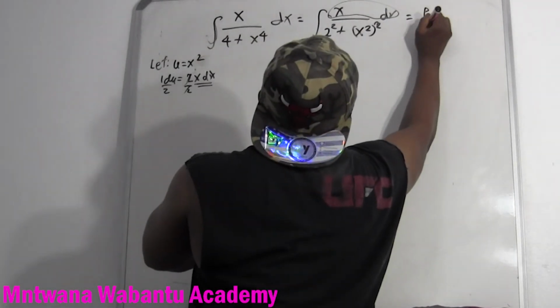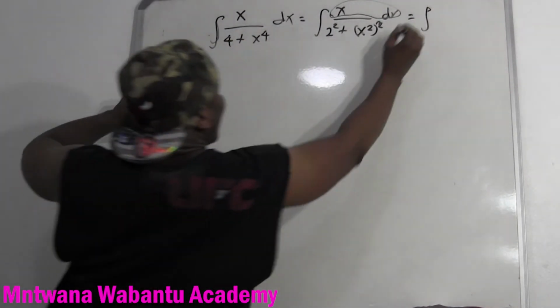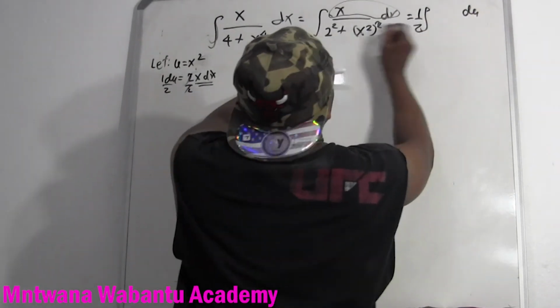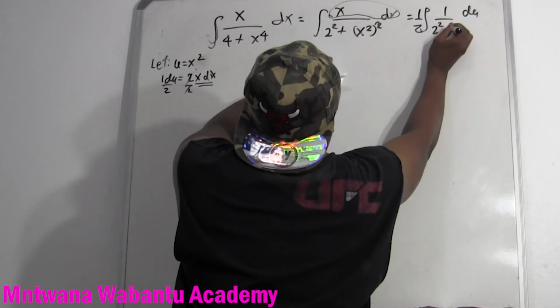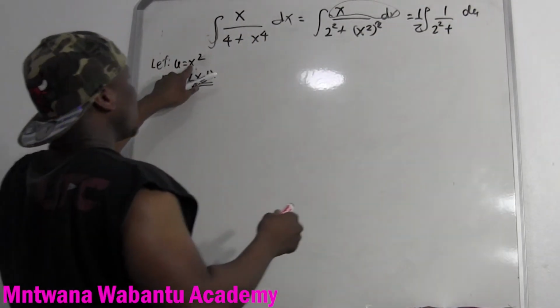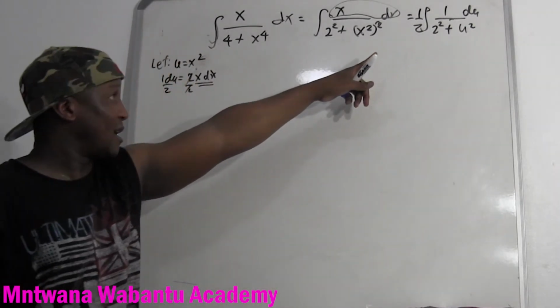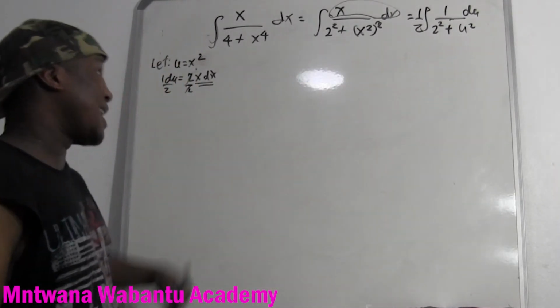So 1 over 2 goes outside, and we're left with du over 2 squared plus u squared, since x squared equals u. So you see now we have the arctan substitution formula, but in terms of u.